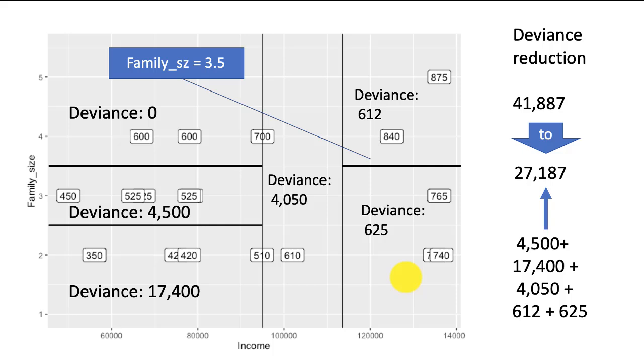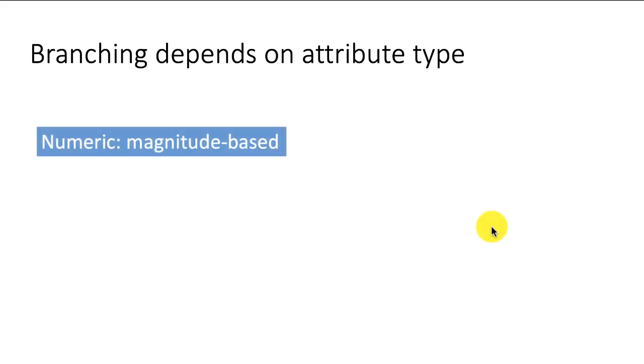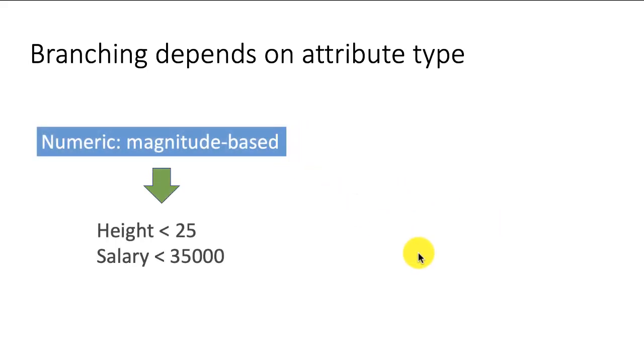Alternately, if you say min split is something, that is, don't create any node which has less than that many cases, then again it's going to do the same thing. Of course, the kind of branching depends upon attribute type. If you've got numeric, then the branching is based on less than or equal to and greater than.